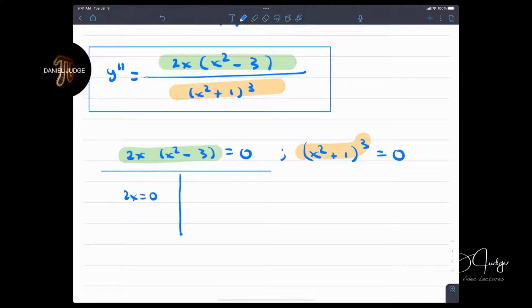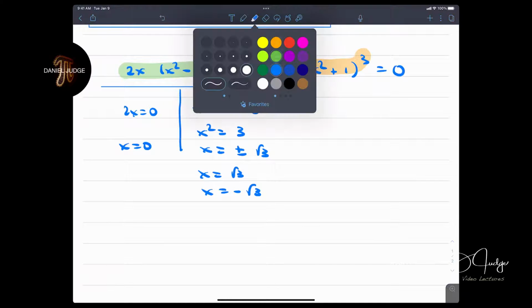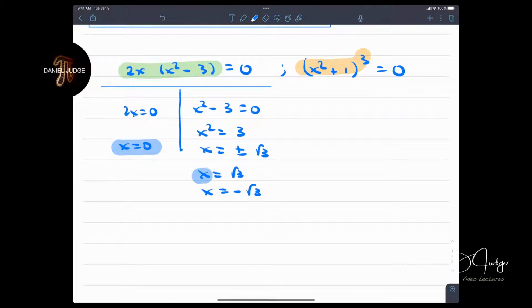2x is 0. x squared minus 3 is 0 by the zero product rule. This means x is 0. x squared is 3, x is plus or minus the square root of 3. So these are not critical values, ladies and gentlemen, but they are values where that second derivative equals 0.